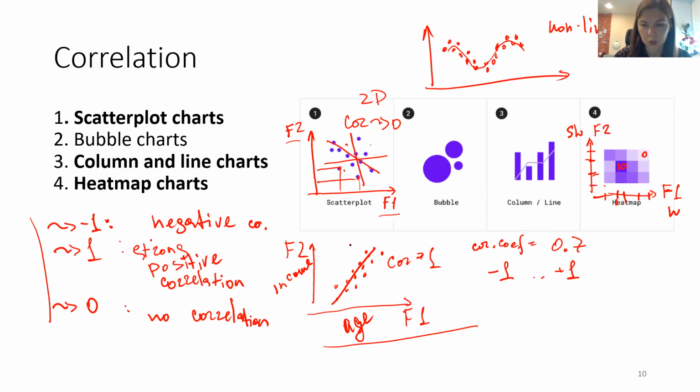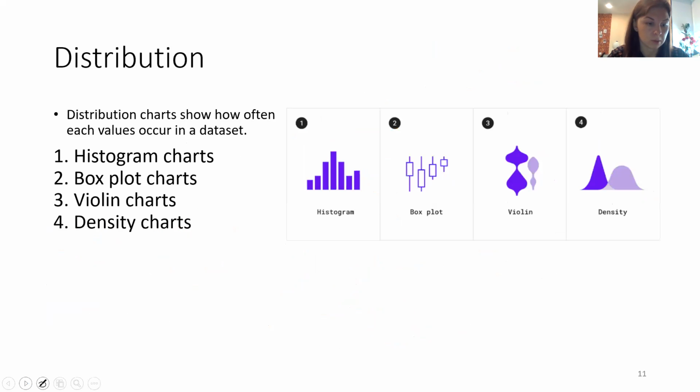It's not a visualization. It's only a coefficient without any lines. So it's a numerical evaluation of dependency, of some trend in data. So that's about correlation, how to represent correlation between two features.